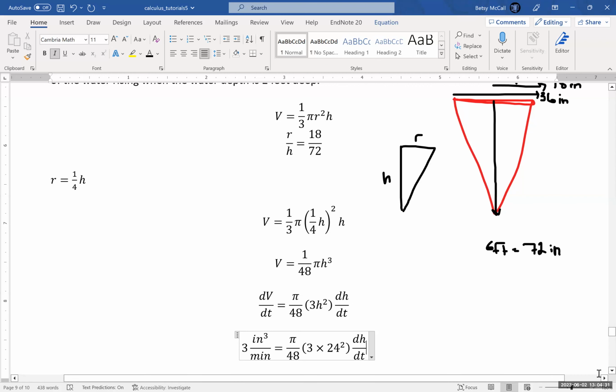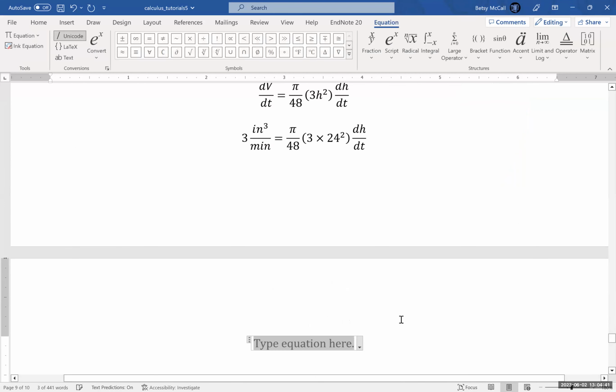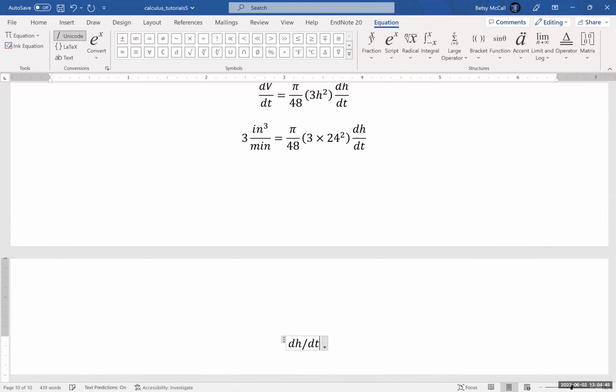And we're going to need to move everything over here. These 3's can cancel. And we're going to end up with dH dt is equal to, let's see, 24 squared. I believe it's 576.